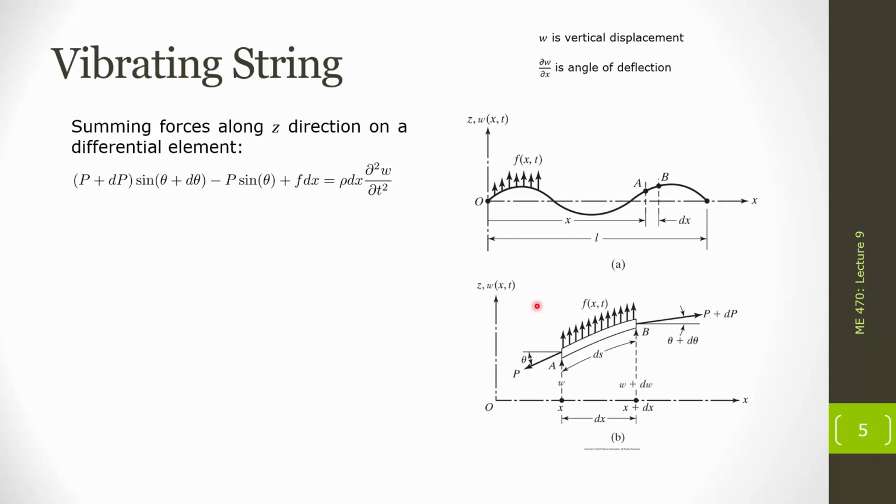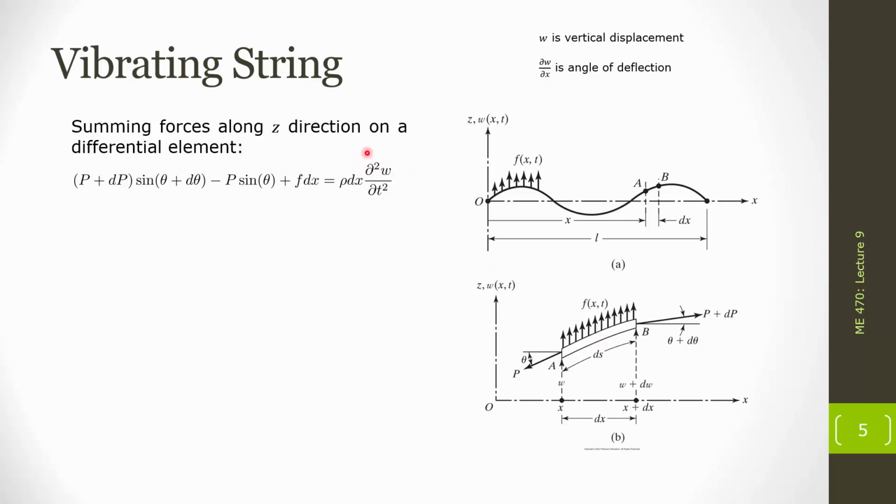We've defined the position, the vertical position or vertical deflection, as w, which can change in space and time. It changes with x and it changes with t. If that is our position or our deflection, we can take the second time derivative of it, and that will tell us the acceleration.